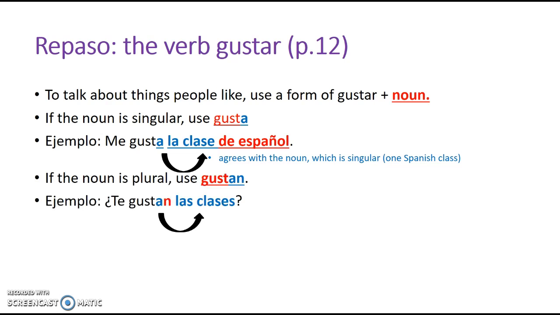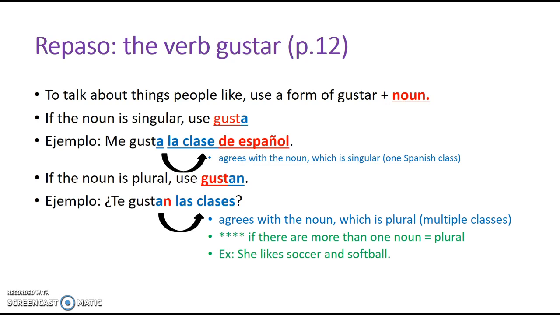If the noun is plural, el sustantivo es plural, van a usar gustan. Por ejemplo, ¿te gustan las clases? Now we have the ellos, ellas, ustedes ending of the verb, gustar.